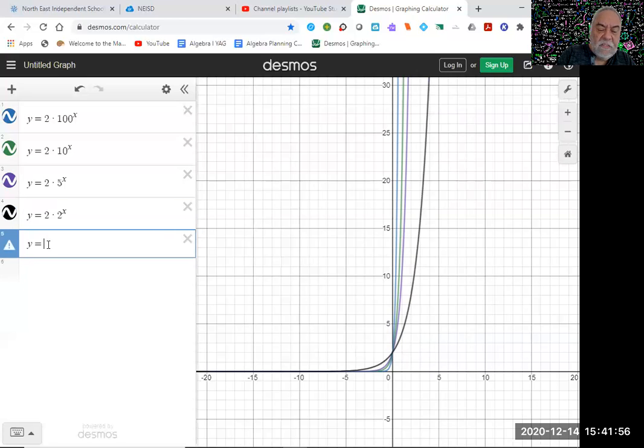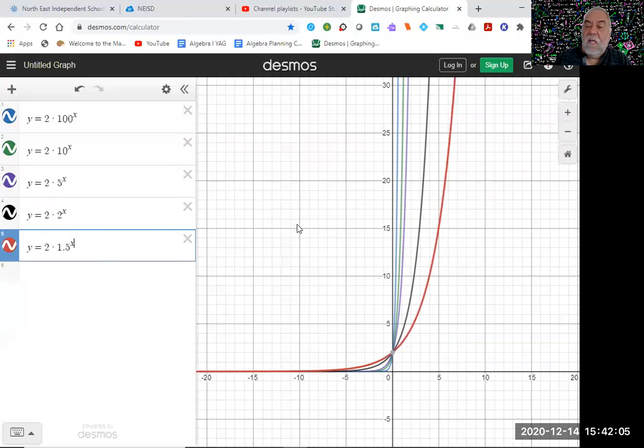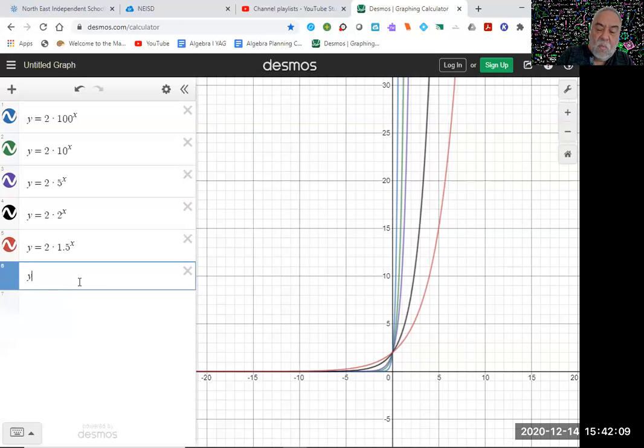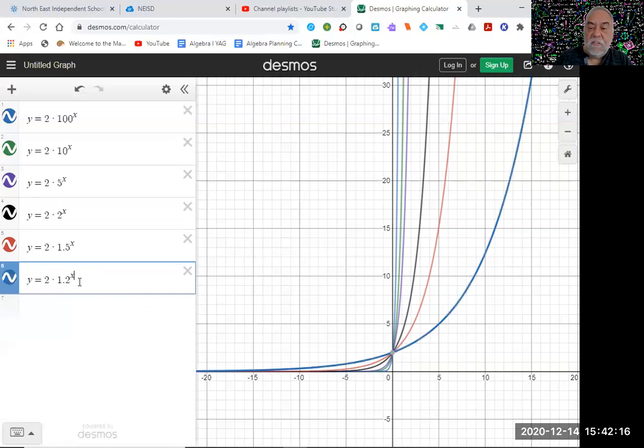Y is equal to 2 times 1.5 to the x. You can see where we're going there. Y is equal to 2 times 1.2 to the x.